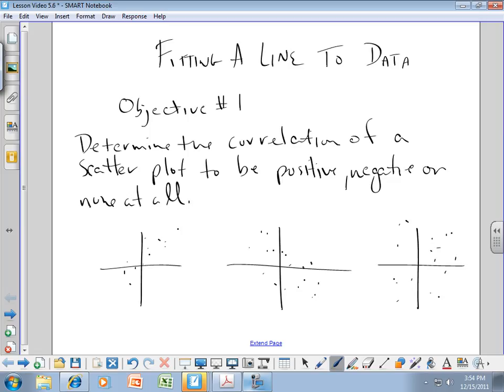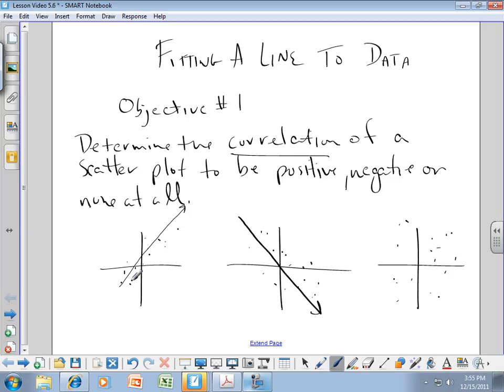Well, the one thing that we like to talk about with scatter plots is whether they have a correlation or not. Sometimes you'll look at a scatter plot and you'll see that all the dots are kind of going in the same direction. Like this one right here. Doesn't it look like the dots are kind of going up and to the right? And on this one, it looks like maybe they're going down and to the left. And on this one, it looks like they're just all over the place. Well, each one of those situations describes correlation.